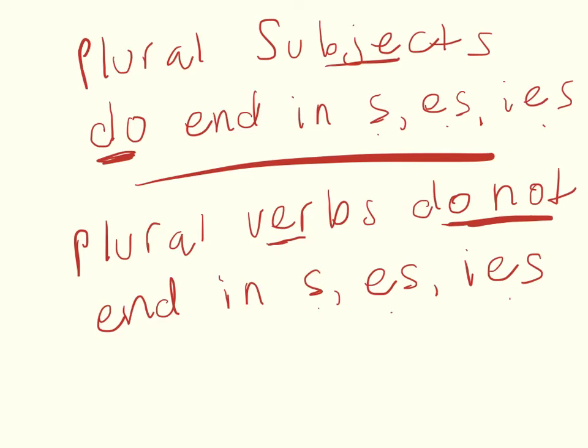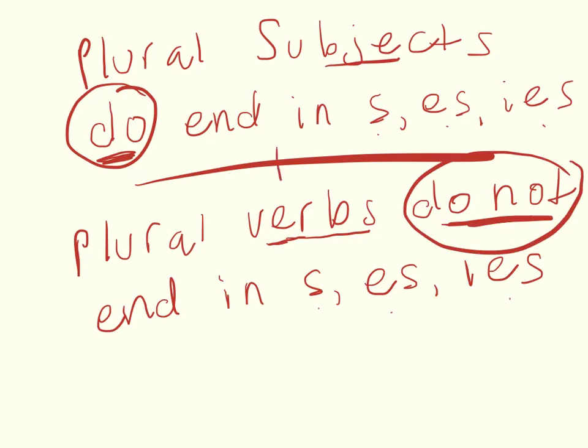Plural subjects do end in S. Plural verbs do not end in S. So they're the opposite. And again, this is going to be most of the time and in the present tense. When you're in the past tense, then it kind of changes, right? But for now, just remember that in the present tense, subjects and verbs agree, but they are the opposite in terms of whether they end with S or do not.